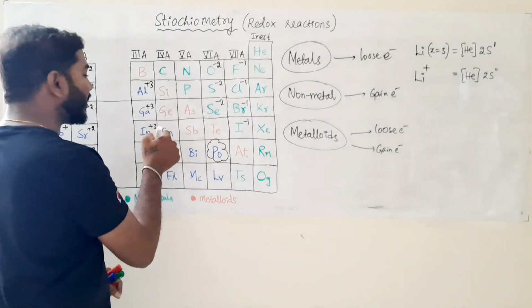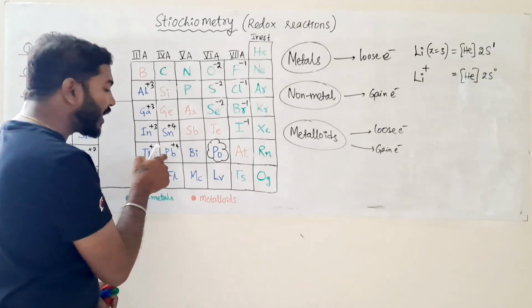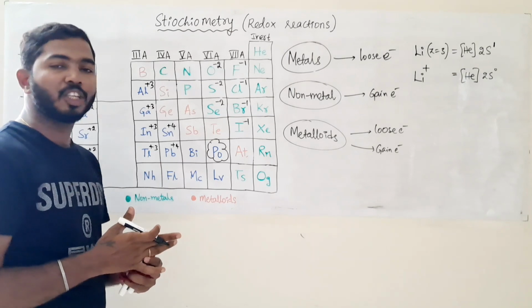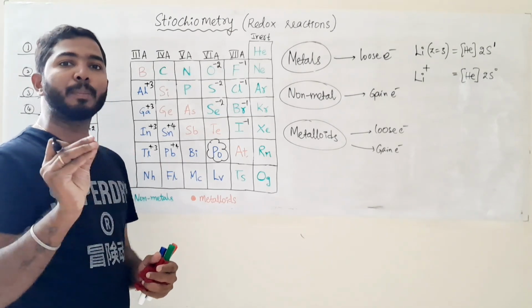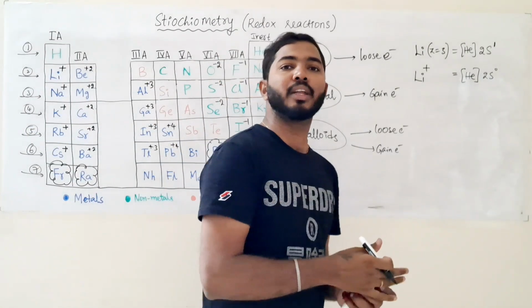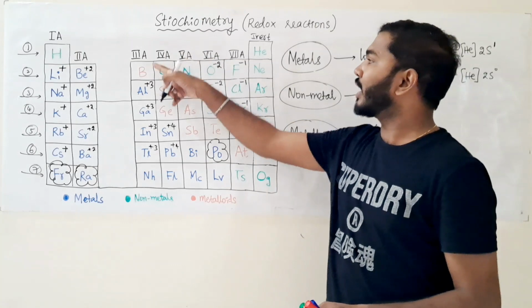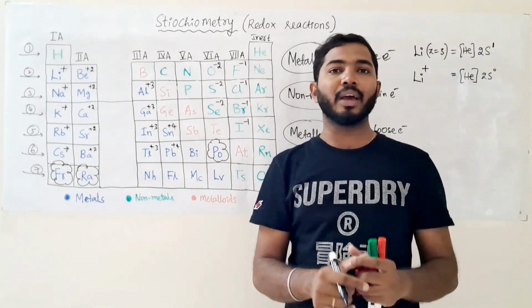Similarly, tin, a 4A group element, will lose 4 electrons. Actually, tin and lead will show different charges also, based upon something called the inert pair effect. The inert pair effect will be clearly explained in the 3A and 4A group elements. When I start the boron family and carbon family, I will give you more explanation.